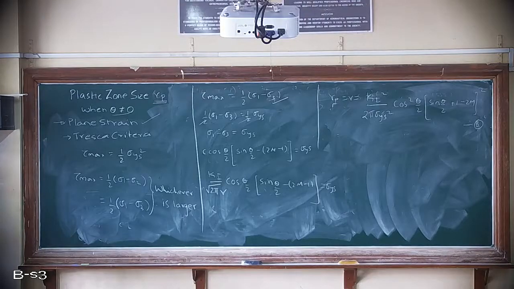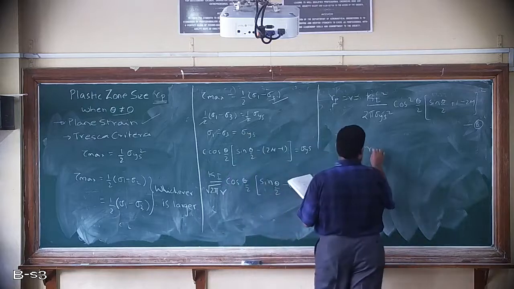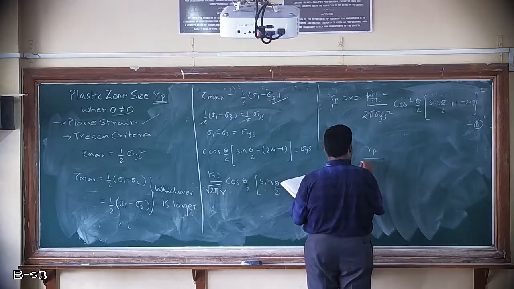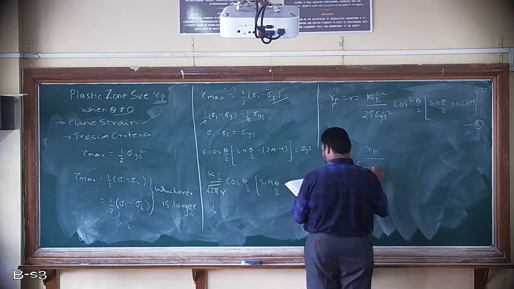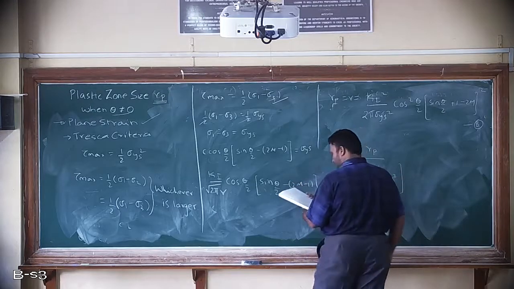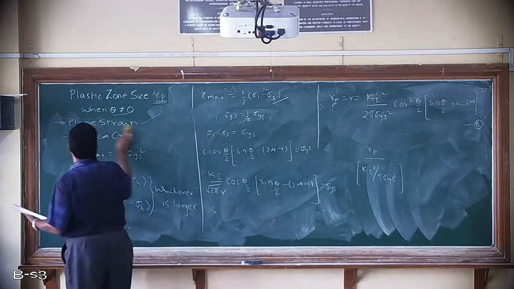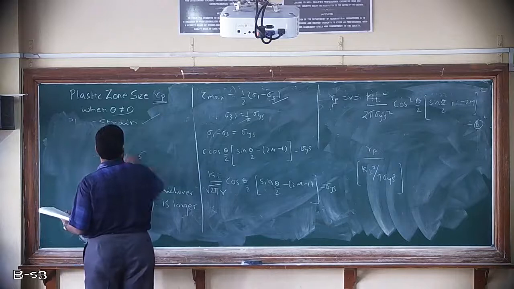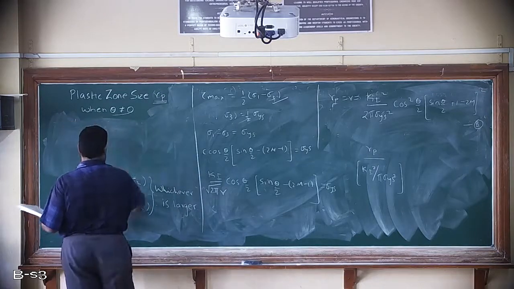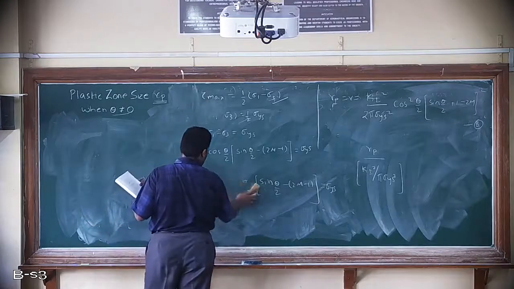So the resulting shape of the plastic zone is plotted in terms of the dimensionless distance, that is Rp upon Ki square upon pi sigma ys square. So here we shall see those plots. So now I shall draw these plastic zone sizes. Now you have those plastic zone size equations with you.